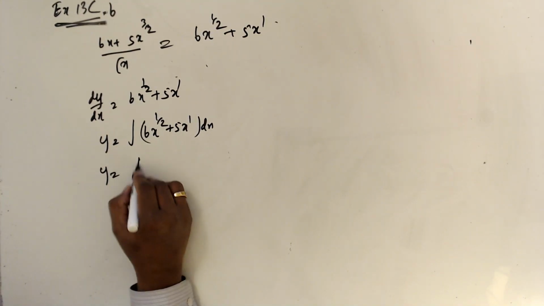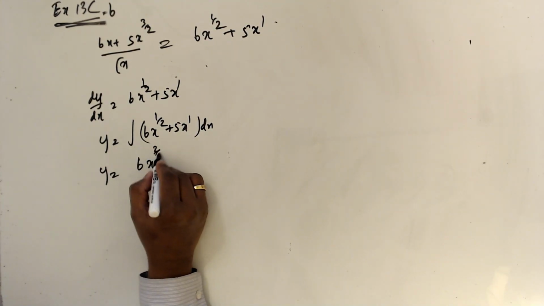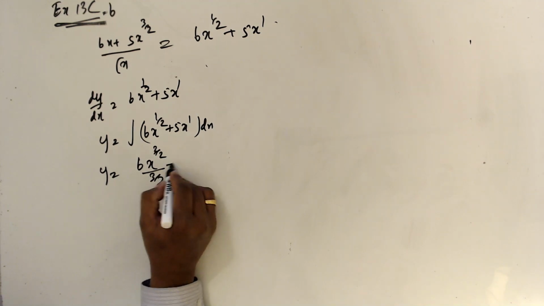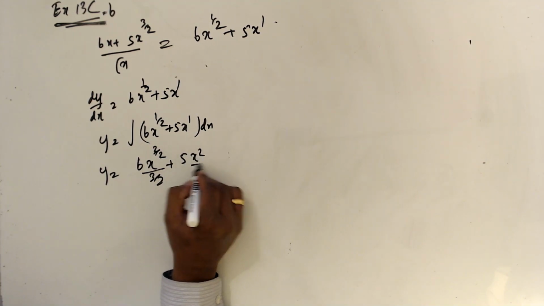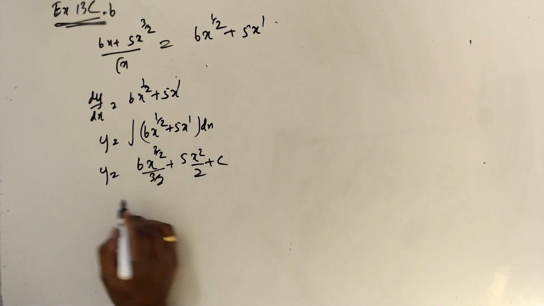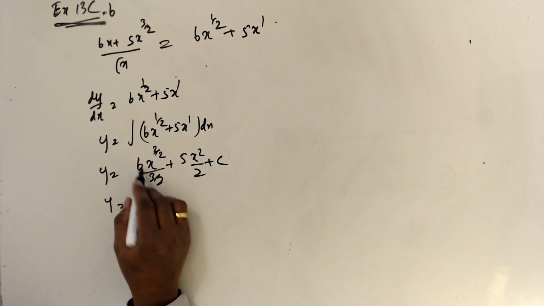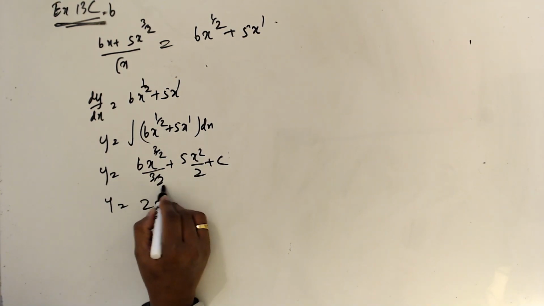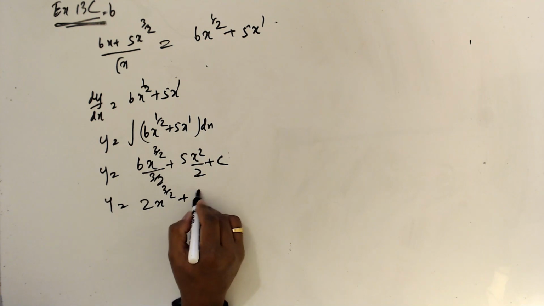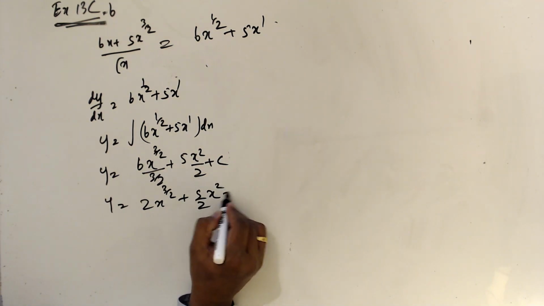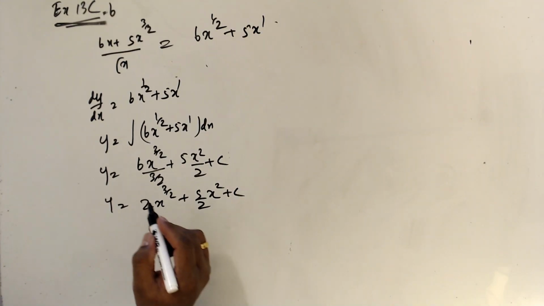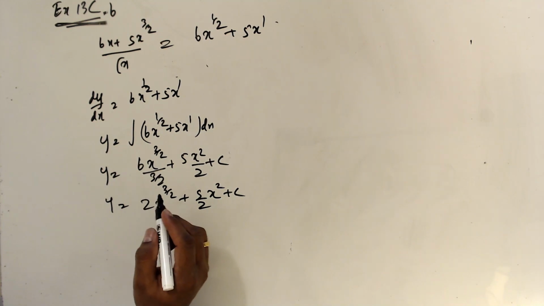So y equals 6x 3 over 2 over 3 over 2, plus 5x square over 2 plus c. So y equals, this is 4x 3 over 2 plus 5 over 2 x square plus c.